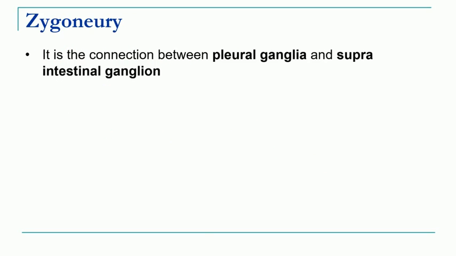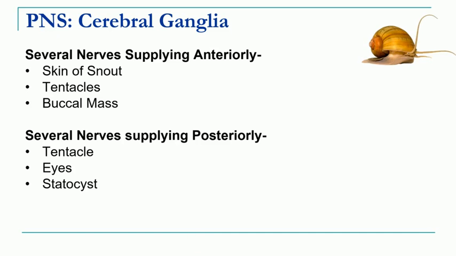Now there is one specialized connection between the pleural ganglion and the supraintestinal ganglion that is referred to by the name zygoneury. Okay, so this is all about the central nervous system, which is made up of different types of ganglia. Similar ganglia are connected by commissures, and dissimilar ganglia are connected by connectives. And we have studied the different types of commissures and connectives.